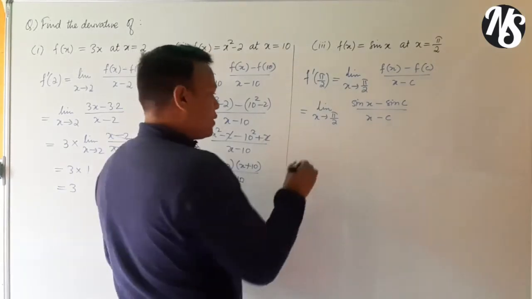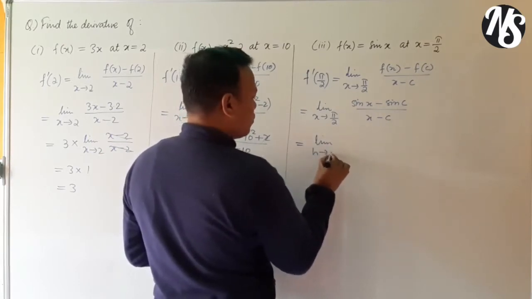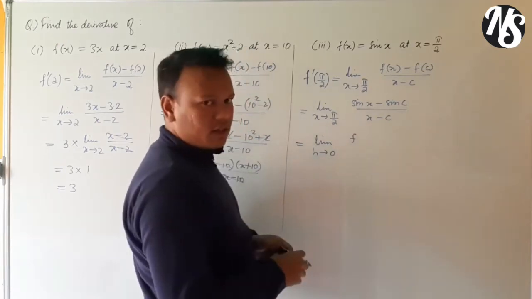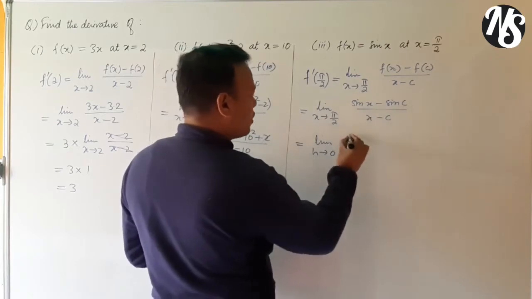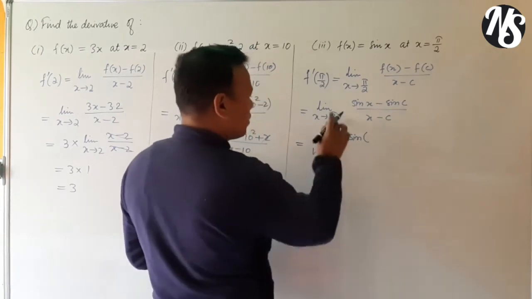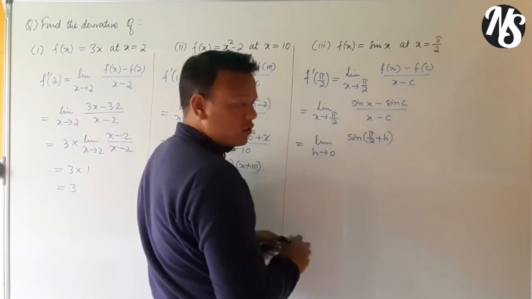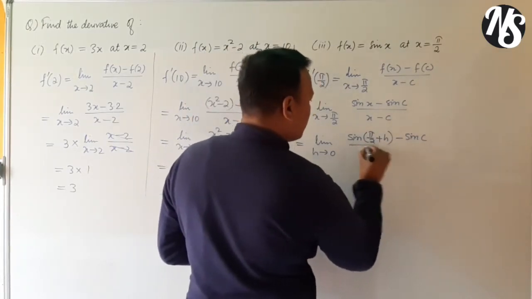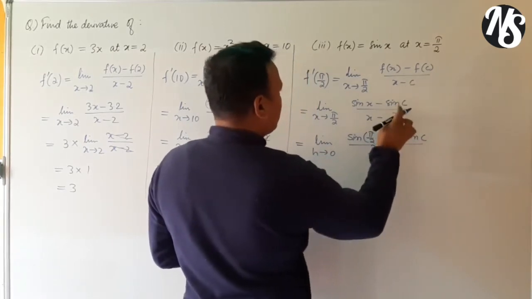Okay, so if I do that, then this becomes limit h tends to 0. Remember the definition says it tends to 0, isn't it? F of c plus h, or in other words, I can say that x is substituted with c plus h. And what is c? C is pi by 2. So this is sine of pi by 2 plus h, minus, we don't have to substitute anything out here, so it will remain as it is, sine c.